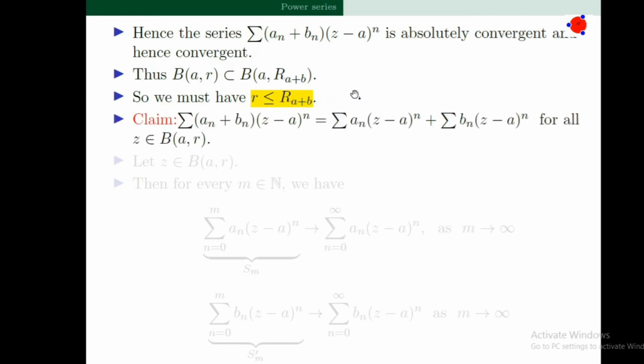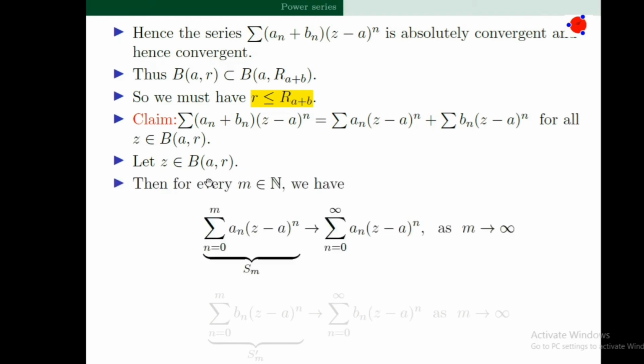Next, we claim that for every z in the open disk with the center a and radius r, the power series sigma (an plus bn) into (z minus a) the whole raised to n converges to this sum. For that, consider an arbitrary element z in the open disk. And note that for every z in this open disk, the power series sigma an into (z minus a) the whole raised to n converges.